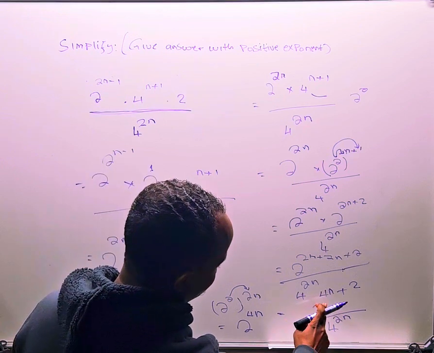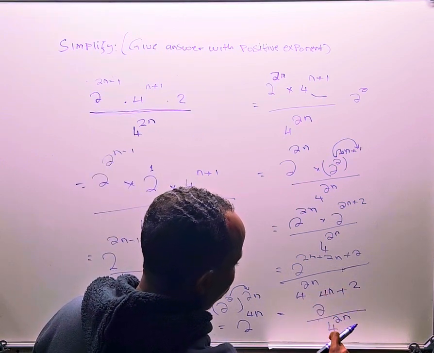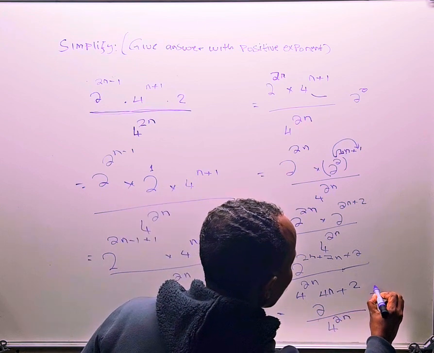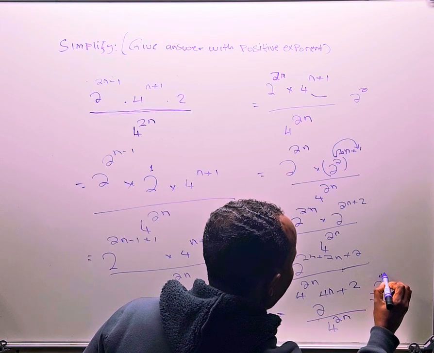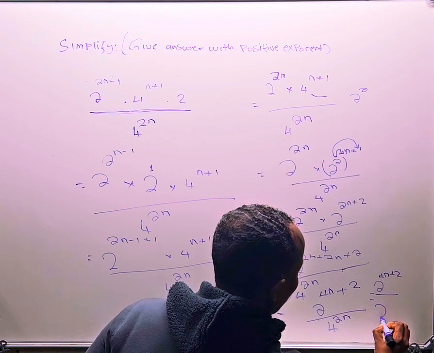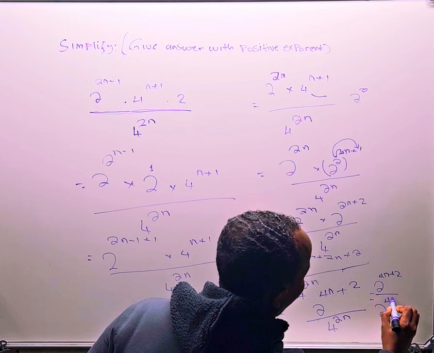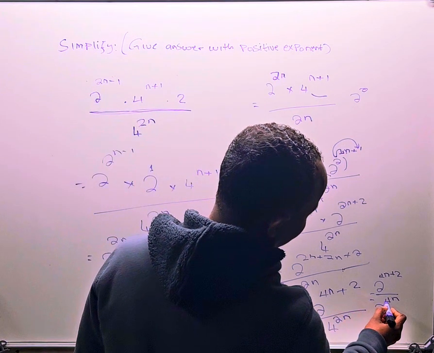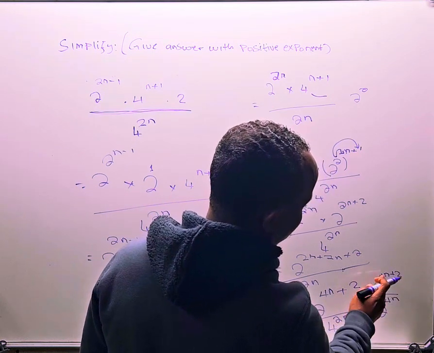So 2 to the power of 4n plus 2 divided by 4 to the power of 2n equals 2 to the power of 4n plus 2 over 2 to the power of 4n. Now I have powers with the same base and I'm dividing. What do I need? Subtract the exponents, which means 4n must be subtracted from 4n plus 2.